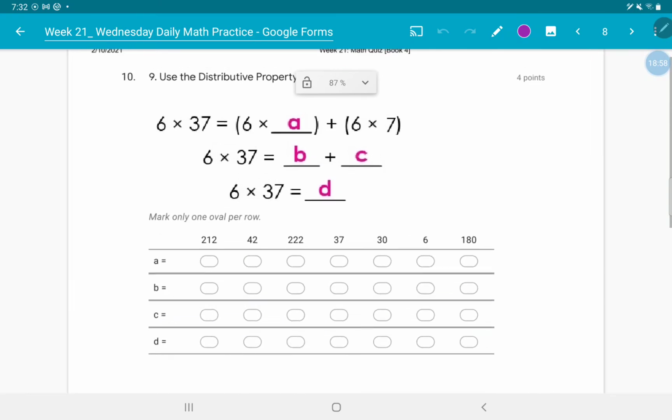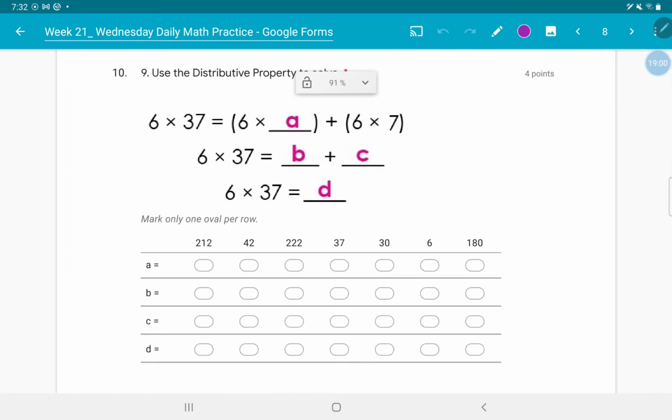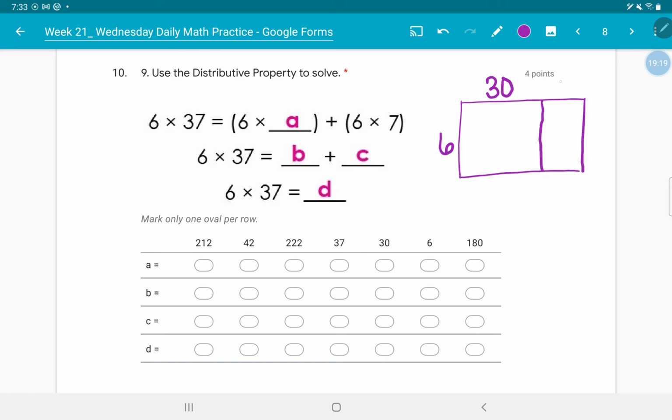All right. Now number 8, using the distributive property to solve. So let's just set this problem up as an area model just to help us wrap our mind around what's happening. So I have 6, that will be my short side, times 37. So I would break 37 apart into 30 and 7 because those two numbers add together to equal 37.